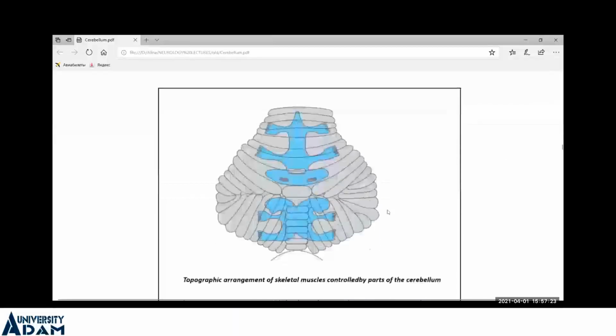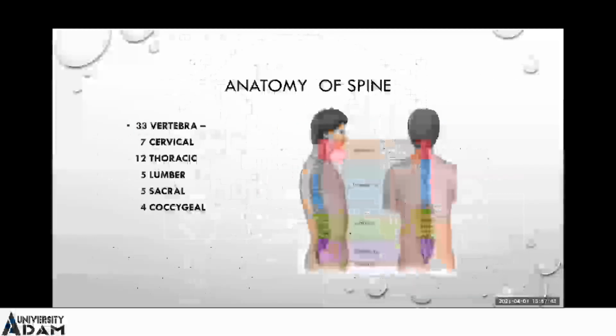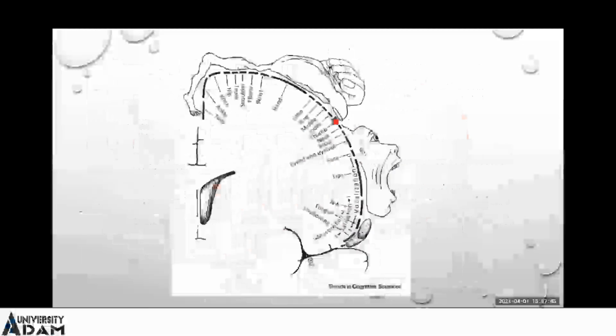So this is the functional areas, guys, and this is the topographic arrangement of skeletal muscles controlled by part of the cerebellum. As you can see, guys, it's different from the homunculus that you saw on the other structures. Let me show you. So this is a homunculus, okay?